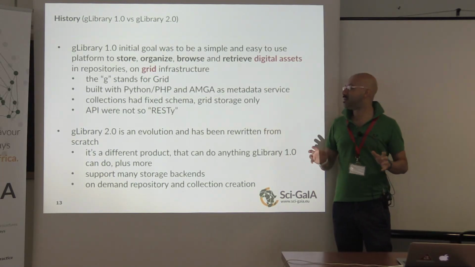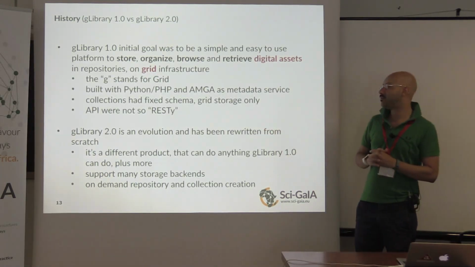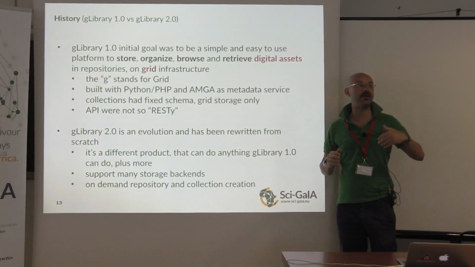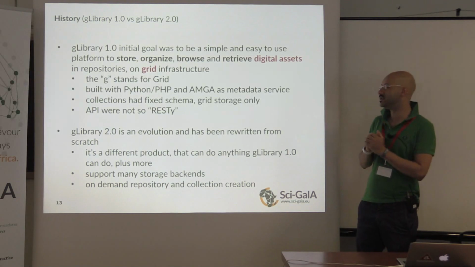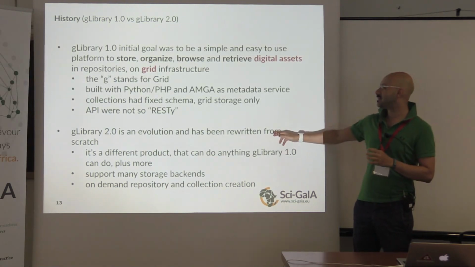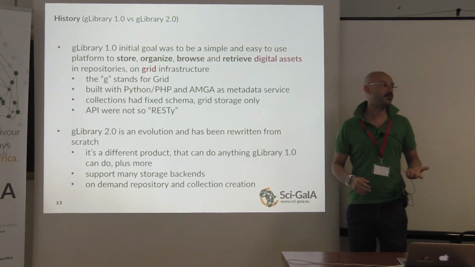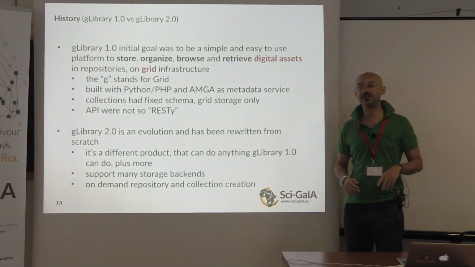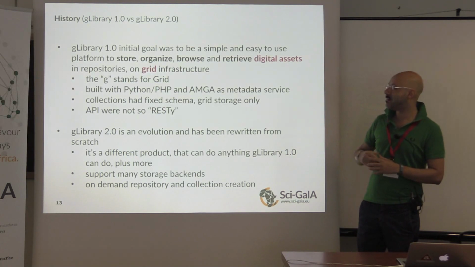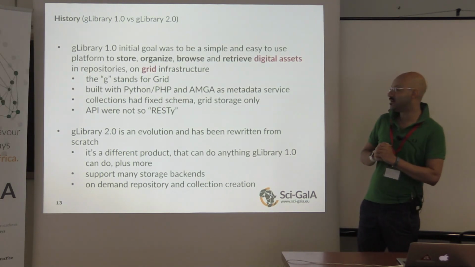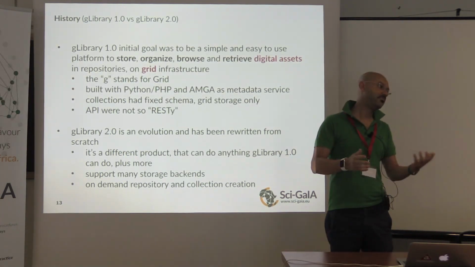So GLibrary 2.0 is an evolution of GLibrary 1.0. We still have GLibrary 1.0 endpoints, and we still have applications that use GLibrary 1.0. It has been written from scratch by two people: me, the software architect of GLibrary, and a colleague of mine who is not here. It has been rewritten in 4 months.